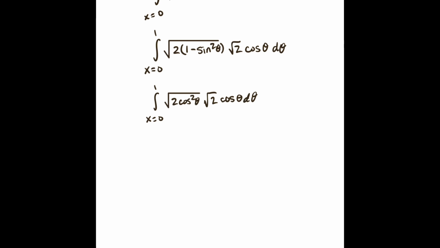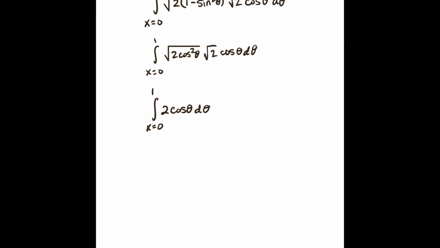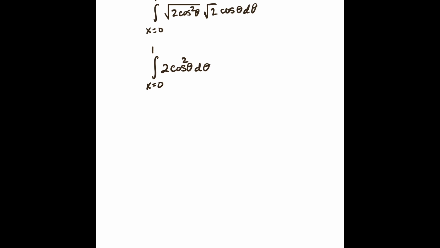And so we're going to be left with the integral from x equals 0 to 1 of 2 cosine theta d theta, cosine squared theta. We can pull out the constant 2.